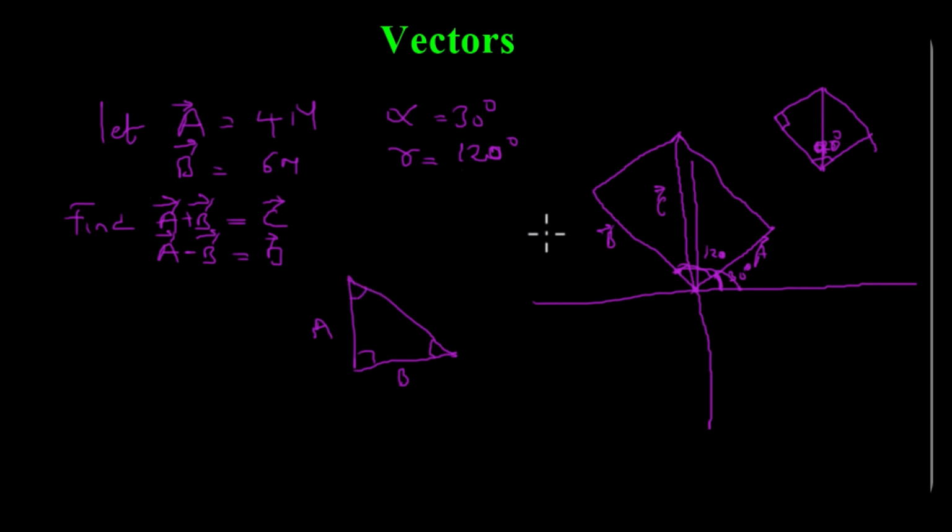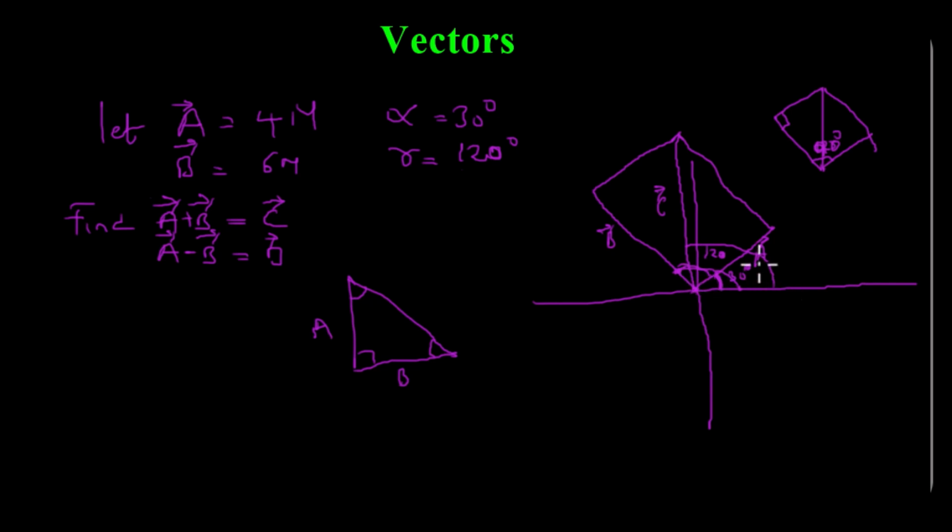Now, one more thing that we want to know: if I was solving graphically, I would simply take my ruler and measure the length of this line, the diagonal. That will be my magnitude. And then the direction will be from the positive x side to where my diagonal is, so this angle is what I'm looking for.